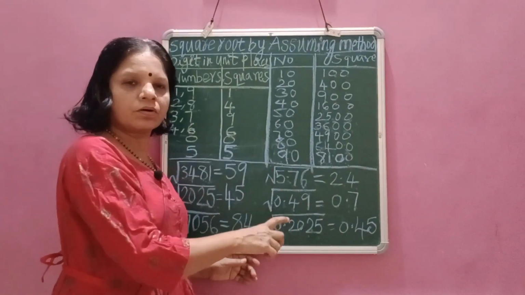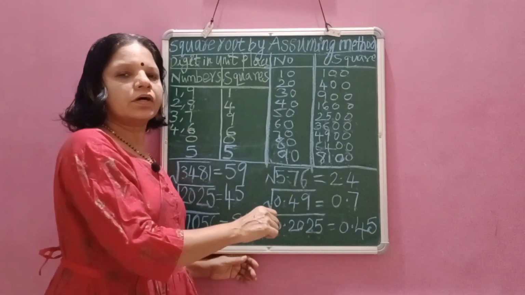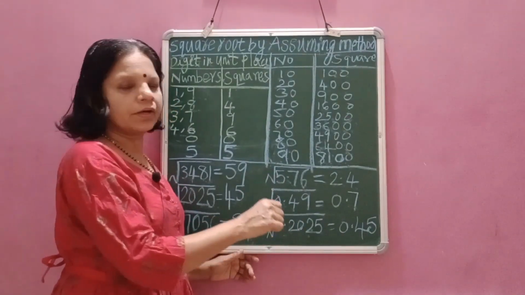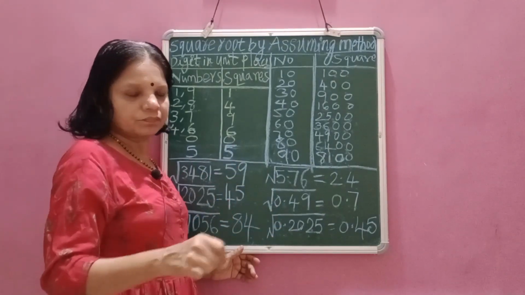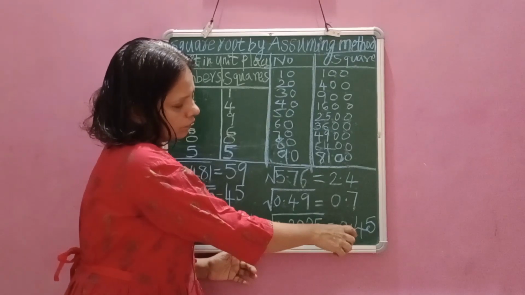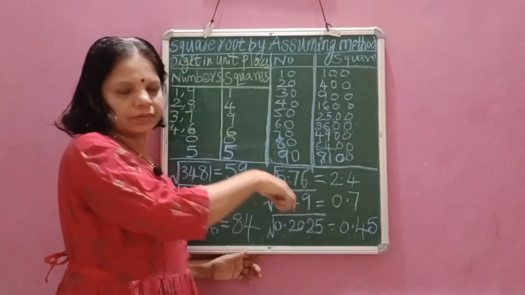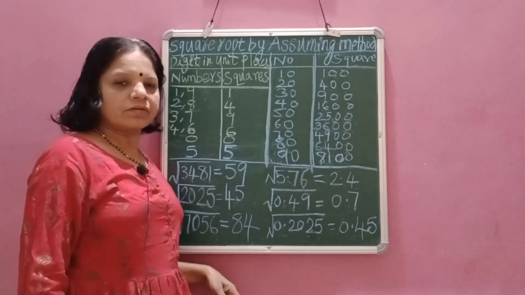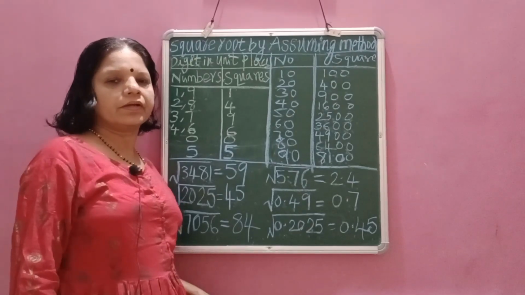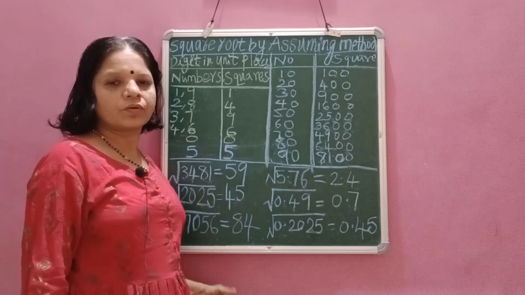If it is 4, then you have to put the decimal point before two digits in the root. So 0.45 is the answer.